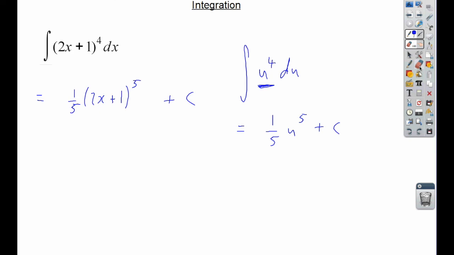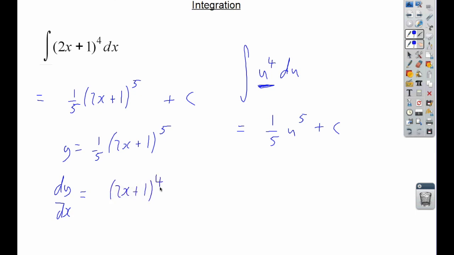Now let's just take a look to see why that is. If you start off with y equals 1/5 (2x plus 1) to the 5, and you differentiate that, hopefully you're getting really good at the chain rule now. You get the 5 multiplied by 1/5, which is just 1. So you have 1 times (2x plus 1), decrease the power by 1 to the power 4.